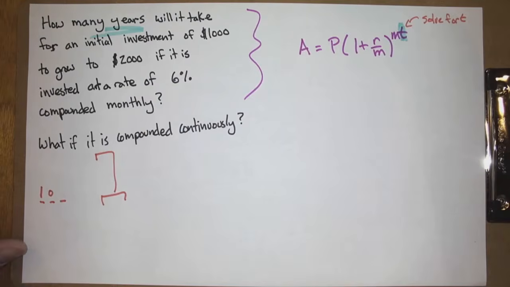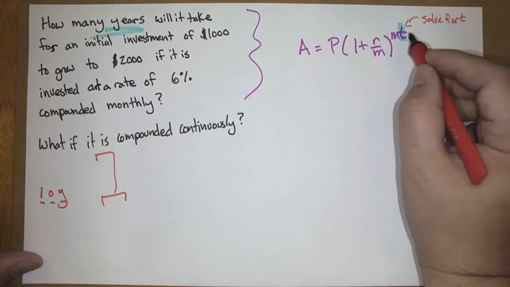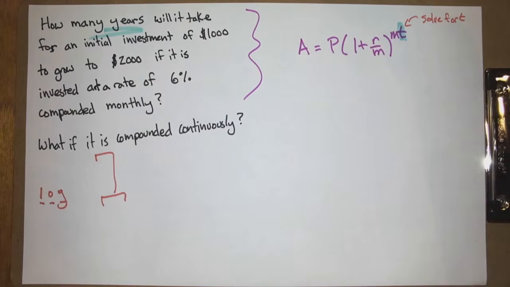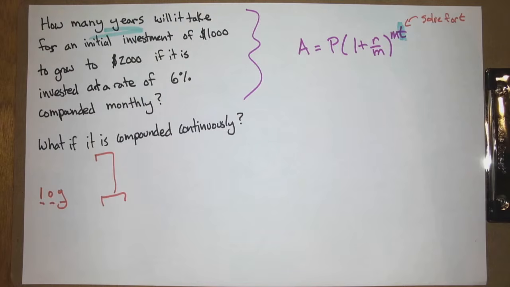G. Wow, you guys got it. So if there's something upstairs that you have to solve for, often it'll be the r or the t. T if it's compounded discretely, r if we're talking about compounded continuously. But the punchline here is, if you have to solve for something that's upstairs, logs are going to show up. So we're anticipating a log showing up.